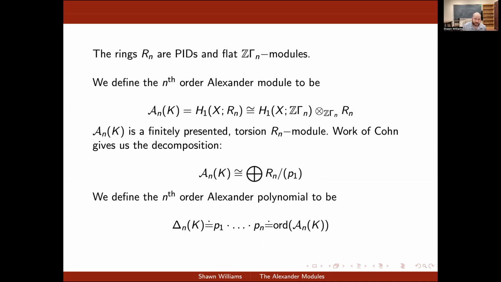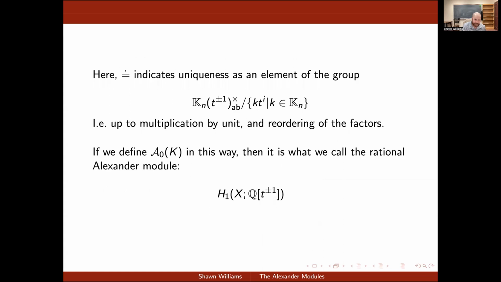But we also have the indeterminacy where if I rearrange the order of these cyclic modules, that's going to correspond to a reordering of the factors in this product. I still get a module that's isomorphic to A_n of K, so I should still have an Alexander polynomial that is equivalent. So here we're going to take this equal sign with a dot on top of it to be unique up to multiplication by a unit and reordering of the factors.